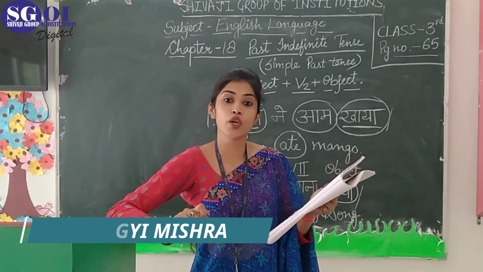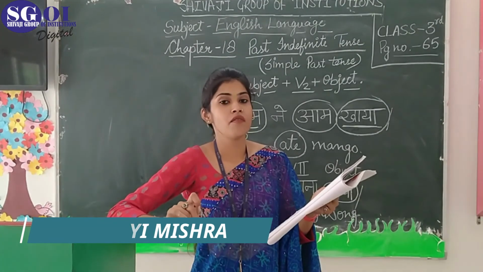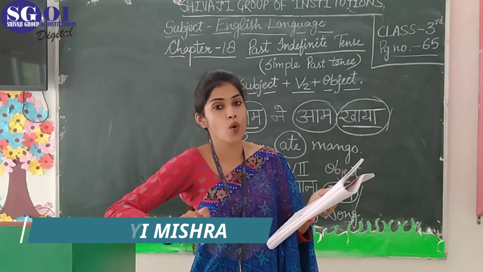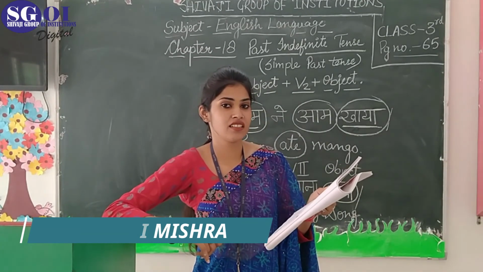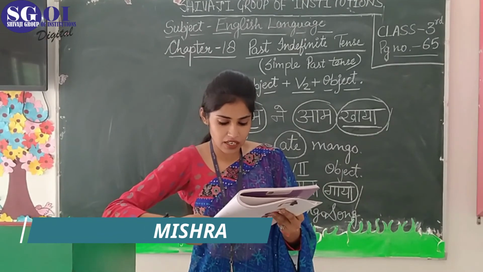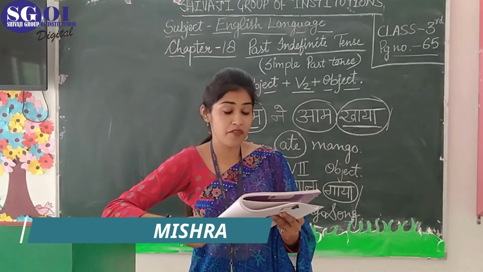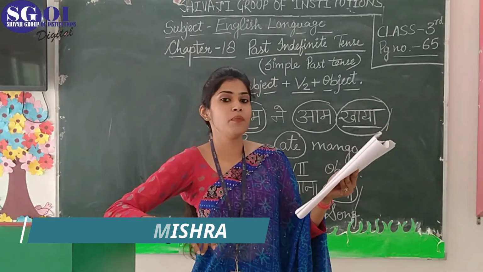Knew, second form of know, taught, second form of teach, went, second form of go. We say go, went, gone. Eat, ate, eaten. Okay, the second form is already given here and we have to fill that in the given sentences in the place of the blank.